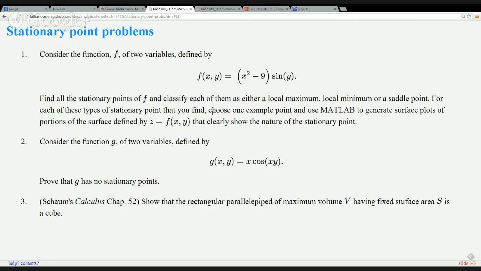The question was, for fixed surface area, optimize the volume. And by that we mean find the maximum volume.